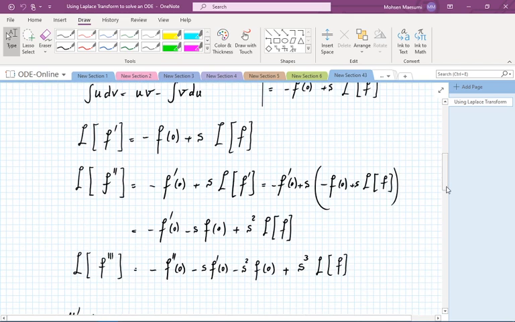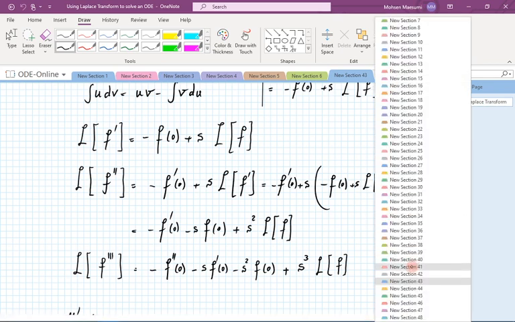So for the second derivative, we start with minus f prime of 0. So the Laplace transform of f double prime is minus f prime 0 minus s f of 0 plus s squared times the Laplace transform of f. We did that in a previous lecture.